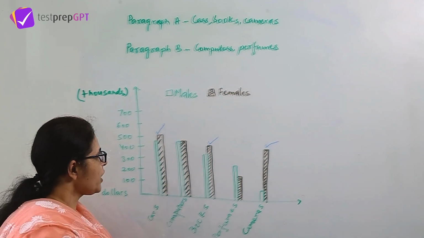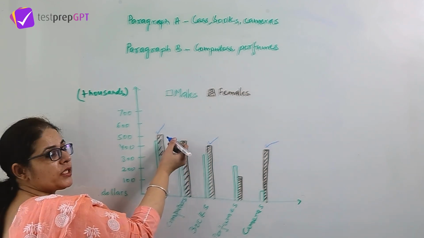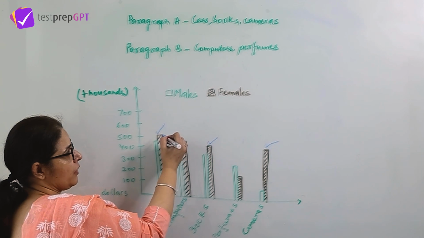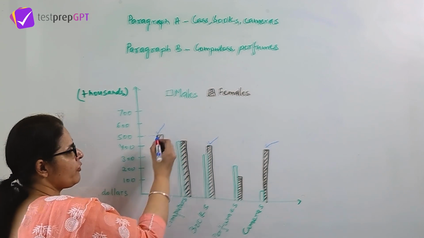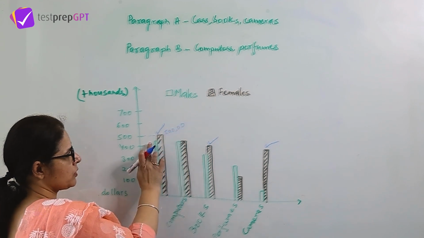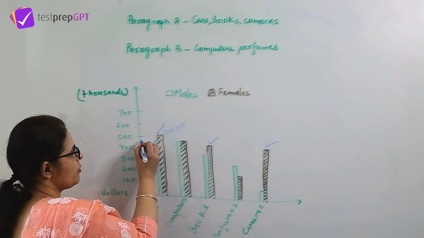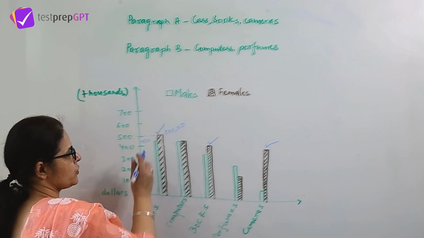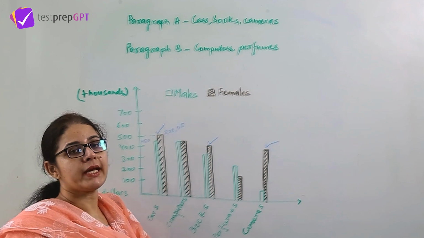For example, if you look at cars, how much did females spend? About 500,000. And how much did the males spend? They spent about 450,000. So this is what we're going to include in our writing.